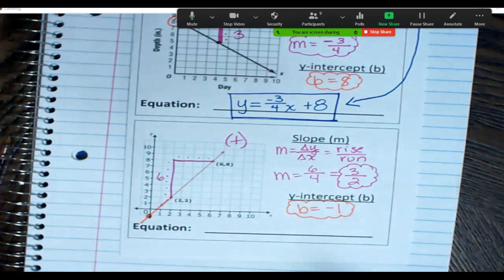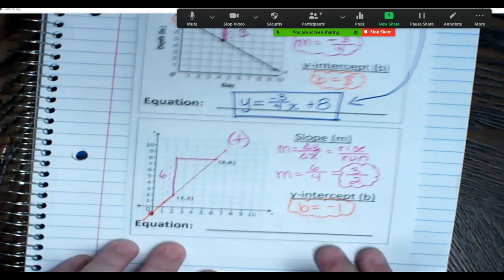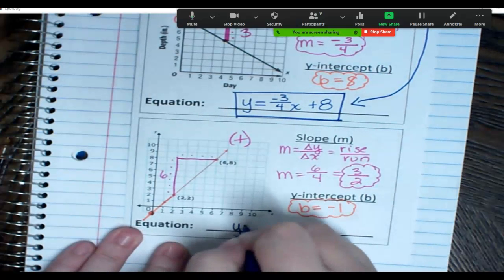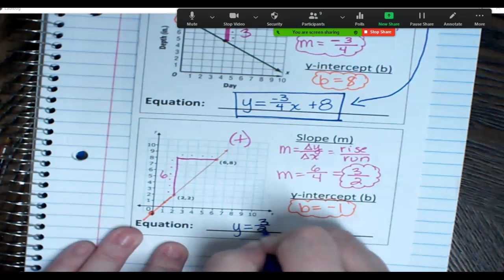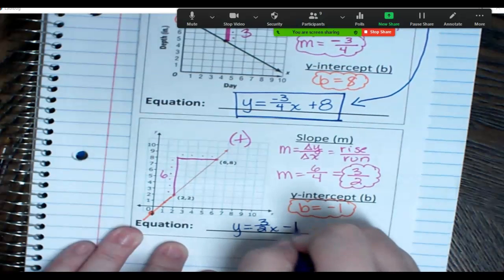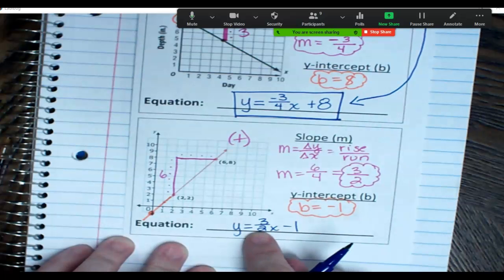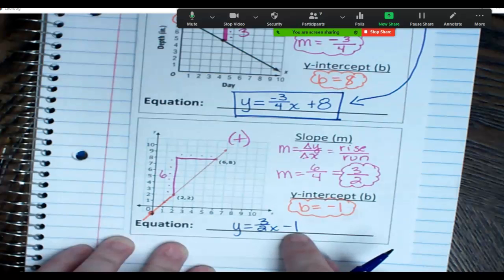All right, who wants to be brave and put this into an equation? Yes, sir. y equals 3/2 x, do y'all agree? y equals 3 over 2, so positive slope. Negative 1, are you sure it's negative 1, not plus 1? Yes.